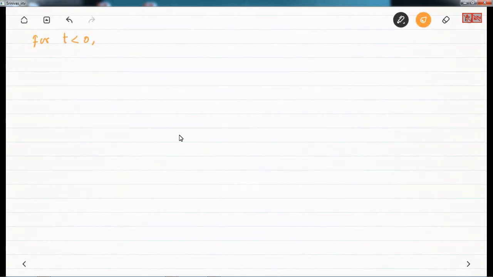For t less than 0, the product x of tau, h of t minus tau is equal to 0, because I'm just quickly drawing that again.